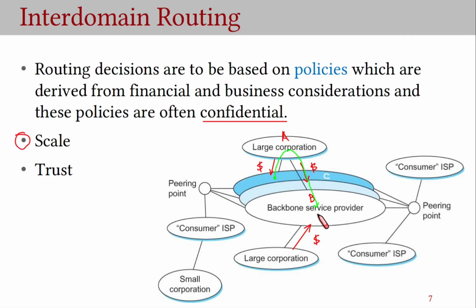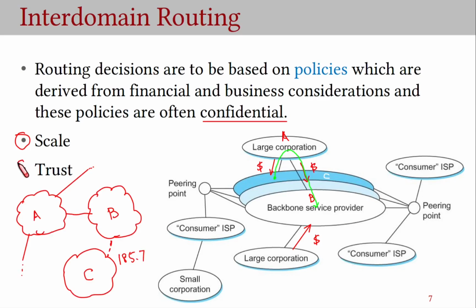The backbone routers must be able to carry traffic to anywhere in the internet. And then there are hundreds of thousands of IP prefixes that exist. And this sheer scale of number of different network prefixes makes this problem hard.